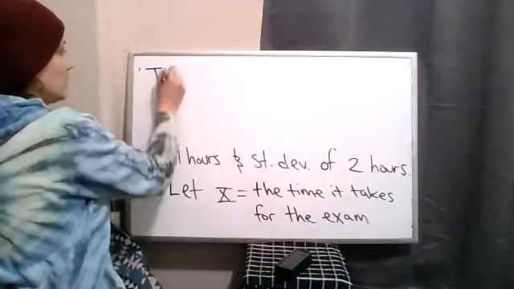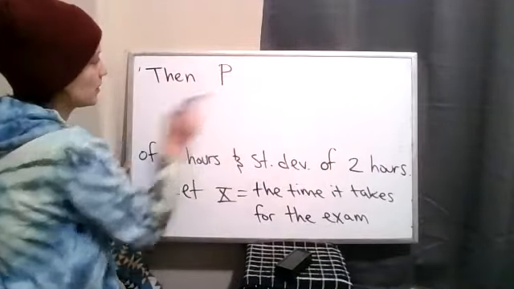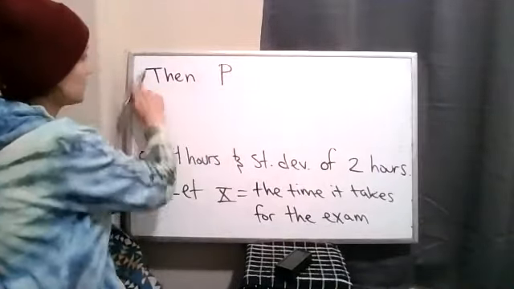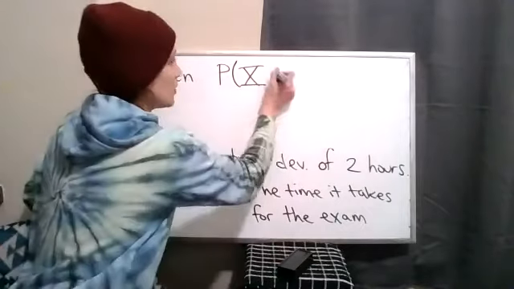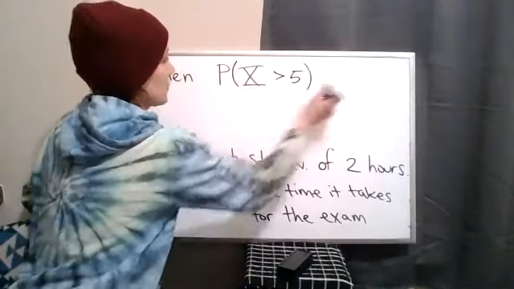Then the probability that the time it takes to study for the exam, which is x, is more than 5 hours, greater than 5, equals 0.3085.